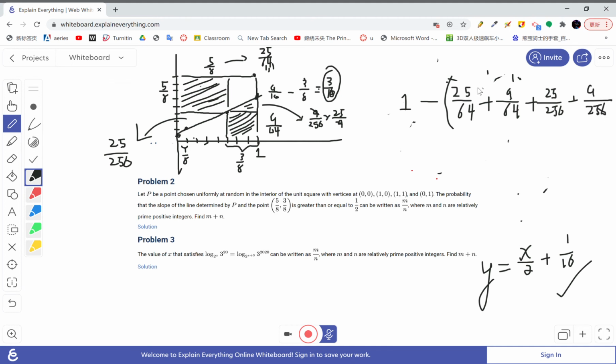Multiply each by 4, we get 136 plus 34 over 256, which results in 86 over 256, which is equal to 43 over 128, right? And then we add this, we'll get 171, which is our solution.